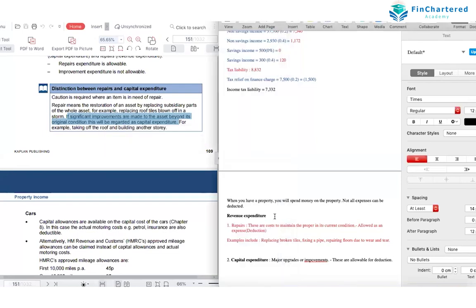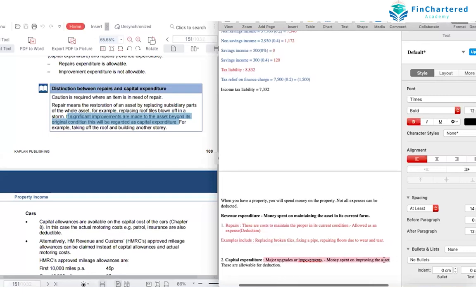So revenue expenditure is money spent on maintaining the asset, simply maintaining it in its current form. Capital expense is major updates or improvements where money is spent on improving the asset.